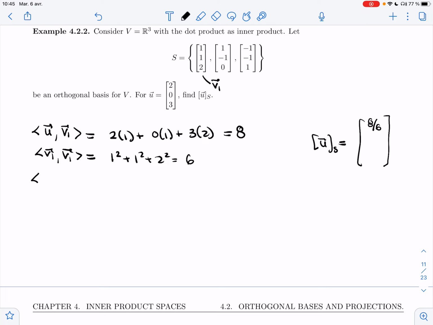All right, second one, U dot V2. I'm going to get 2 plus 0 plus 0, so I get 2.